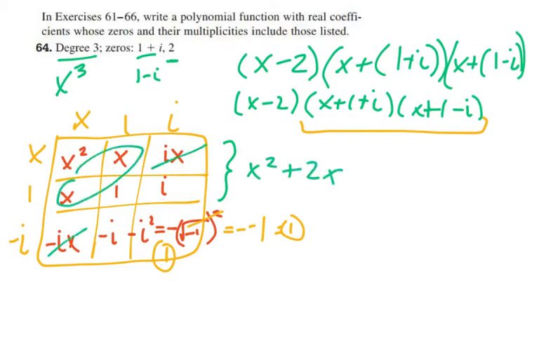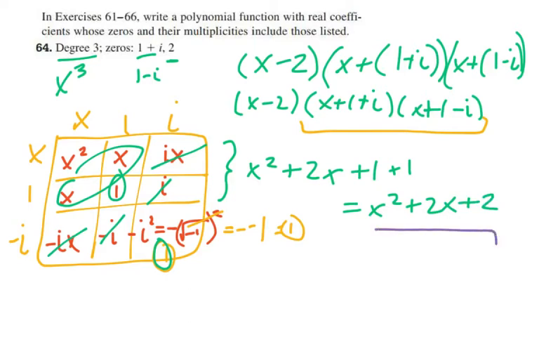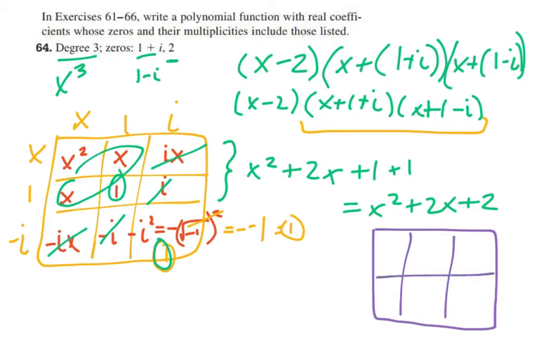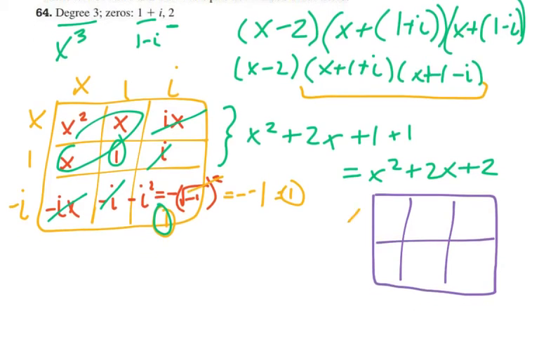The xi and the ix that are negative cancel. We also have a 1, but then these also cancel, negative i and positive i, and then plus another 1 from this last box. So that means that we actually have x squared plus 2x plus 2, and that is going to be multiplied so that we can get the official polynomial by the other zero, which was x minus 2.